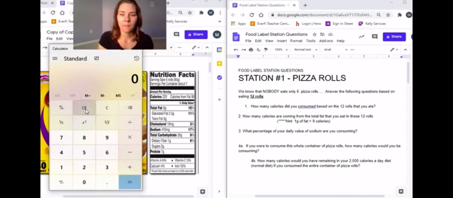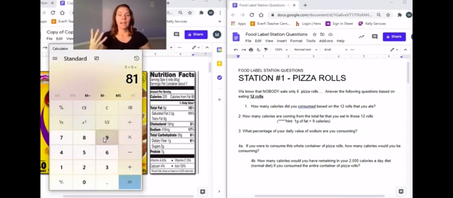Okay. How many calories are coming from the total fat that we ate in the 12 rolls? Remember, 1 gram of fat equals 9 calories. We've got our 9 grams here. So to see how many calories were based off of the 9 grams, we would go 9 times 9 is 81. So we consumed 81 calories from the total fat based off of 1 serving.